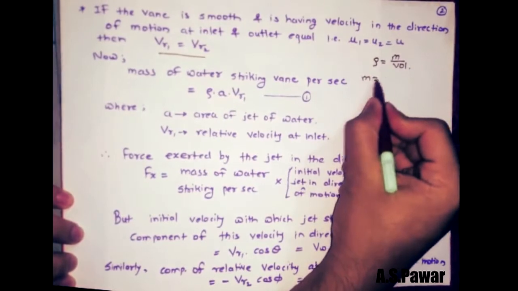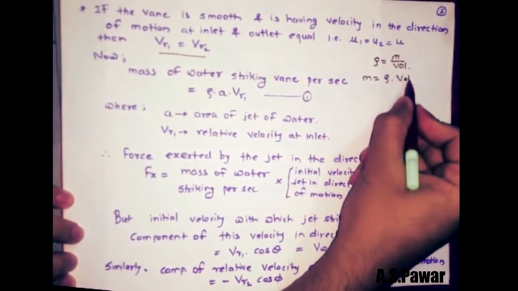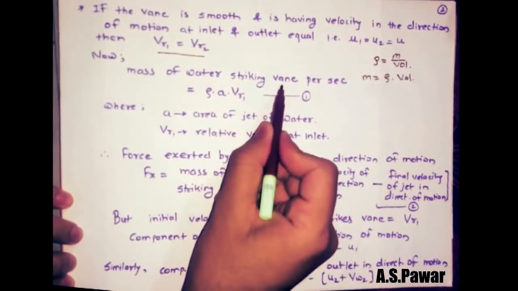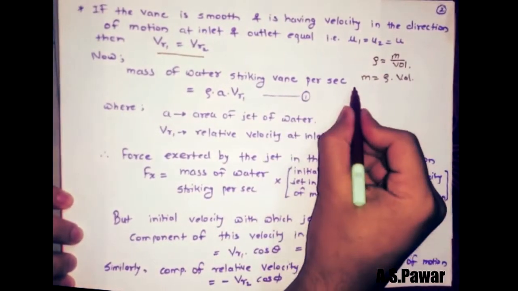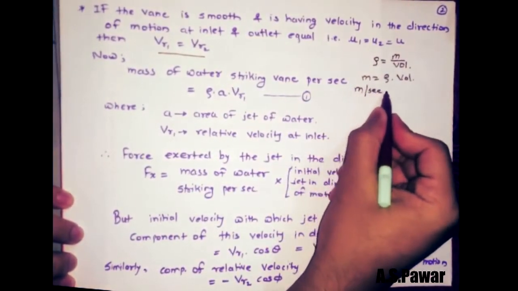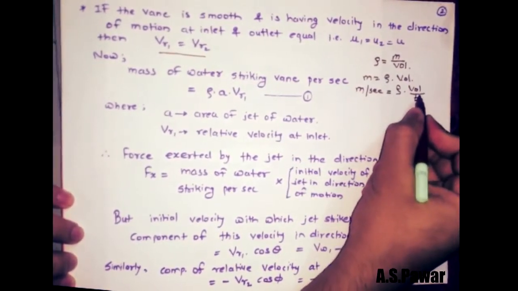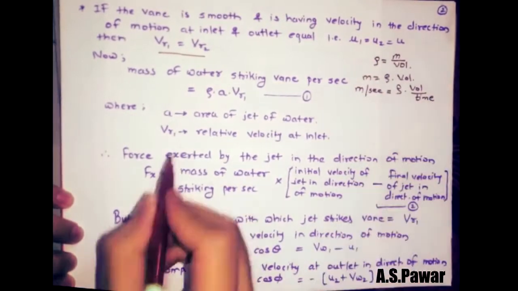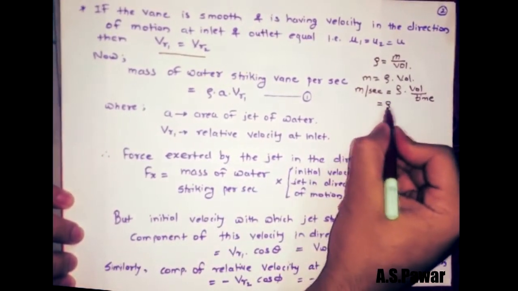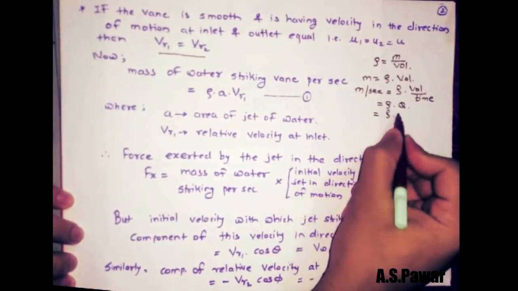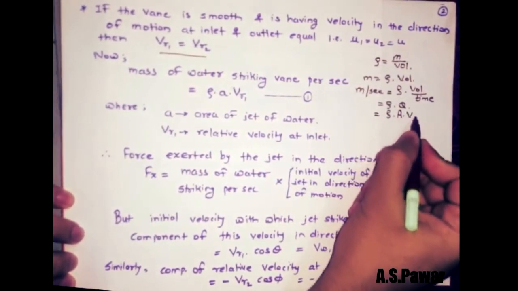So mass will be equal to rho into volume, but I require the mass of water striking the vane per second. So mass per second will be equal to rho into volume per unit time. Volume divided by time is the discharge.